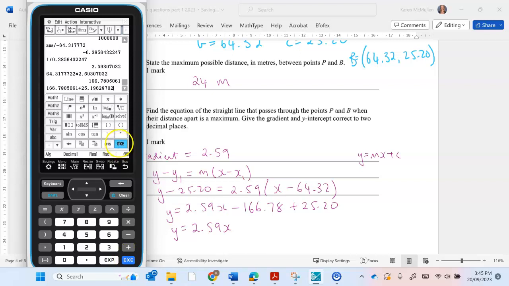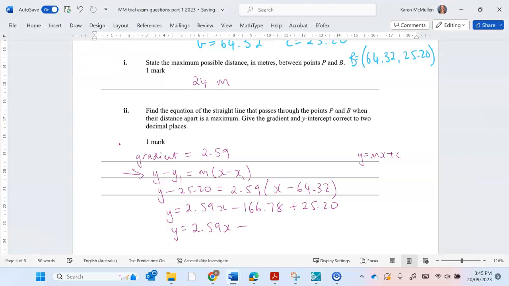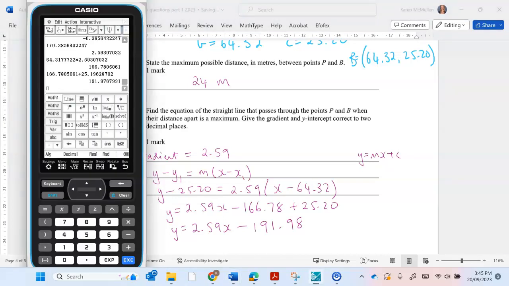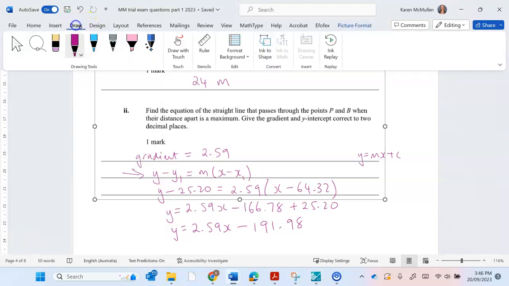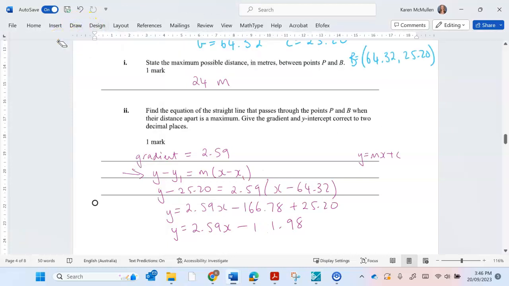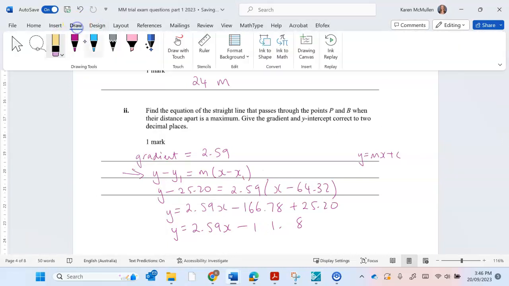Come on. 191.98. So it's going to be minus 191.98. Sorry, forgot that negative on the front. That's a problem with doing that. Let's just change it again. There we go. 141.58. Let's just change that. 141.58.